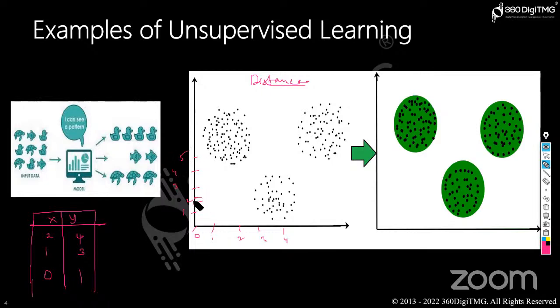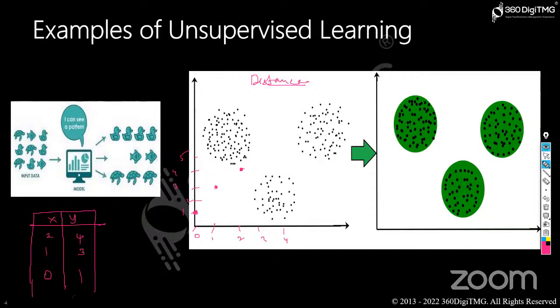So 2, 4 is here, 1, 3 is here, and 0, 1 is here, and so on.